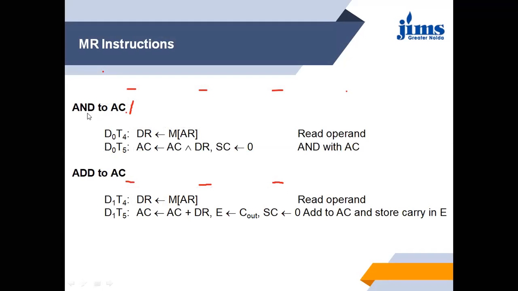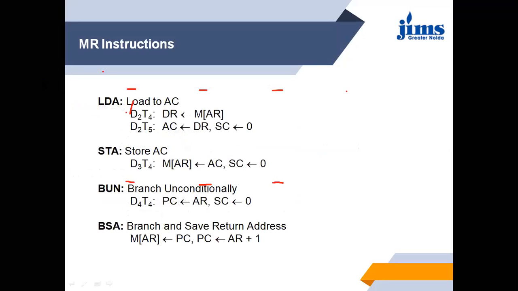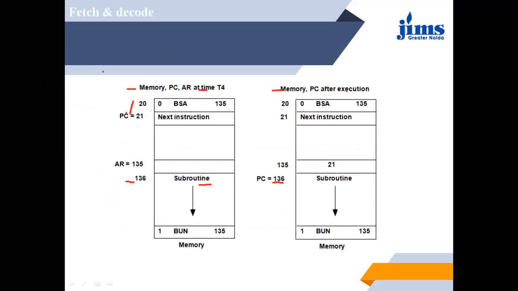When we are doing add, D0 represents the add. First, we pick the content of memory at this location and put that in the data register. We perform the operation of the data register with the accumulator. We are doing the same thing over here also.